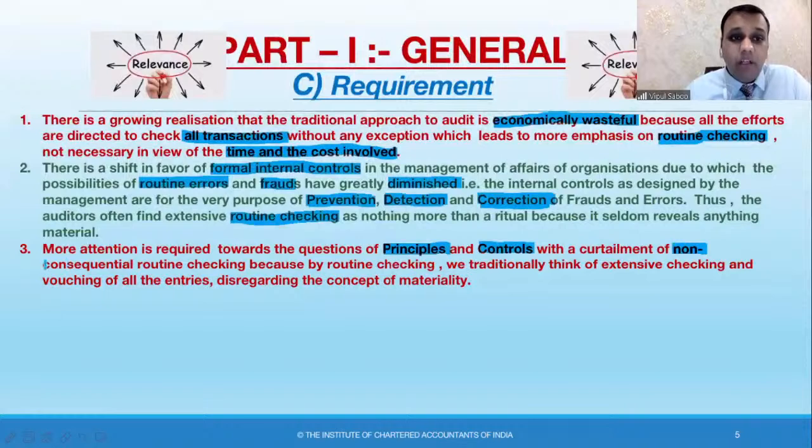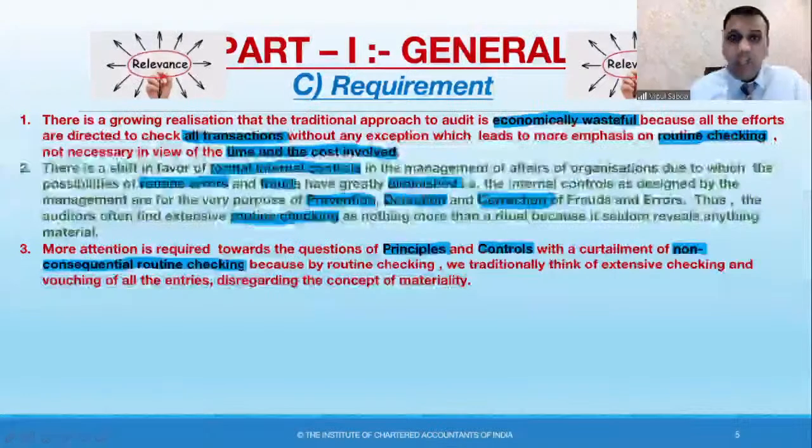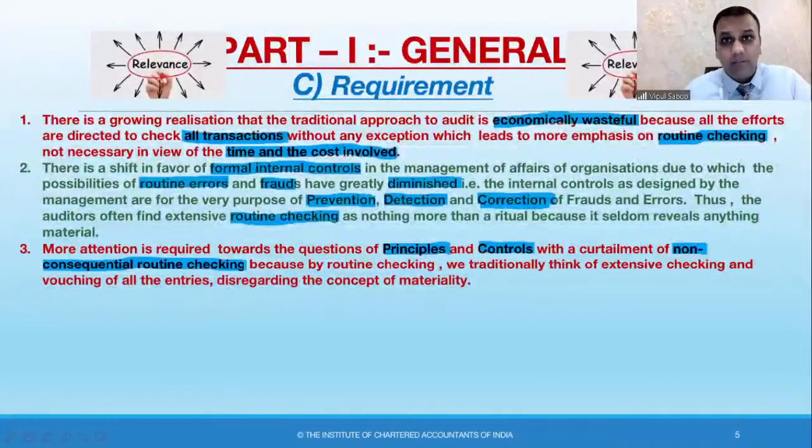Non-consequential means it is not yielding results. This particular routine checking is not yielding any results for us. Because by routine checking, we mean 100% checking, extensive checking, and vouching of all the entries. We do not consider the concept of materiality.